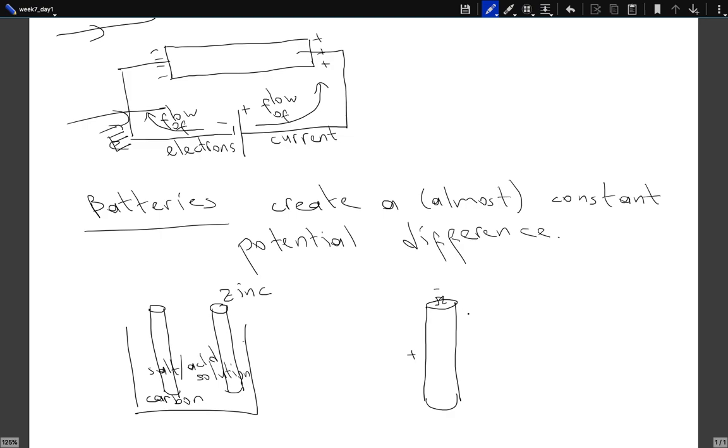This tip is the negatively charged electrode, and this electrode is actually connected to a carbon rod. Inside you have some kind of a paste. And outside is mainly zinc. This is what the typical battery is. Of course, nowadays we use many different chemicals inside, but this is essentially the basic idea.